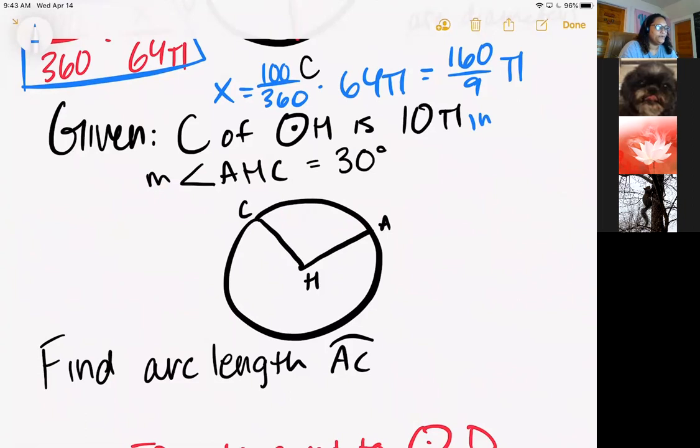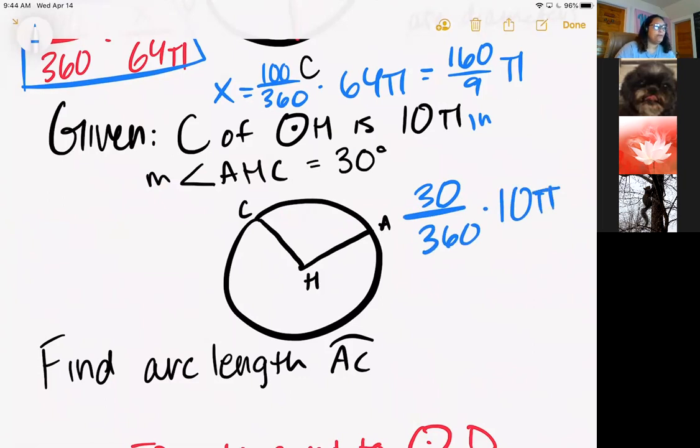What do I do? Don't you take 30 degrees and divide it by 360 and then multiply it by the circumference, which is 10 pi?